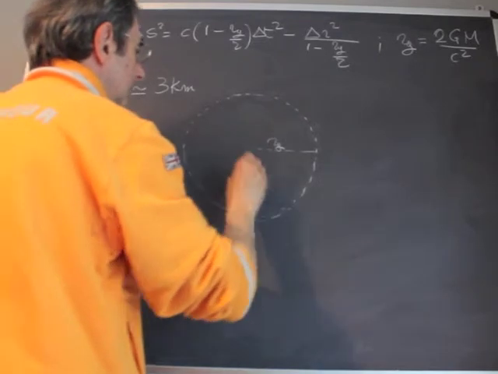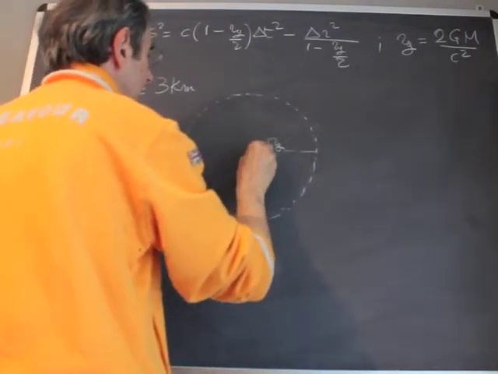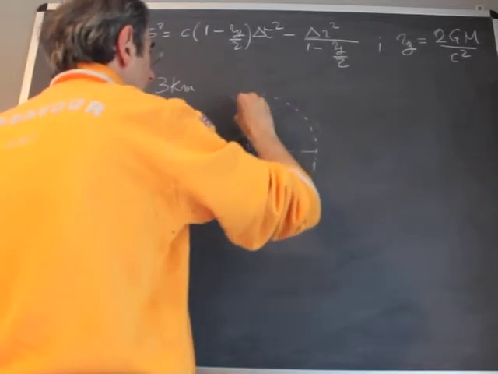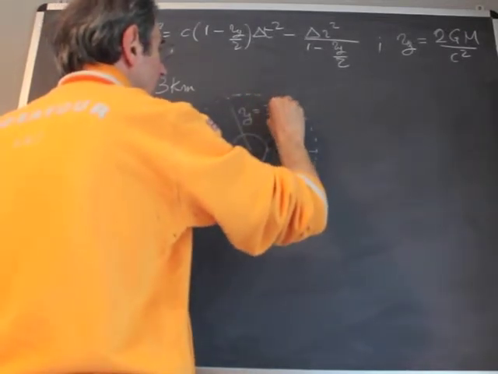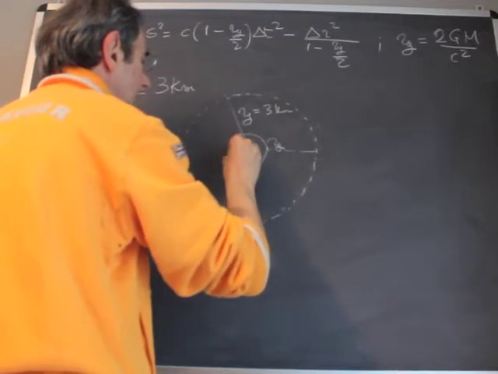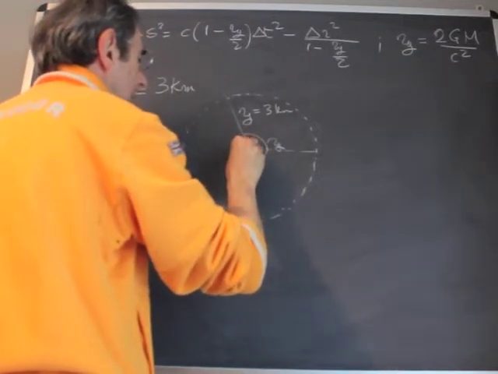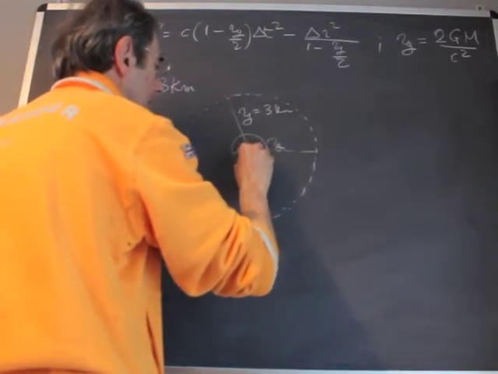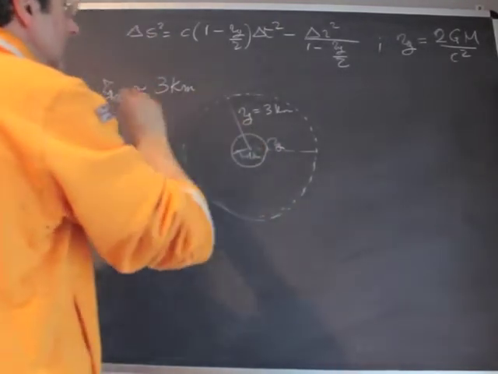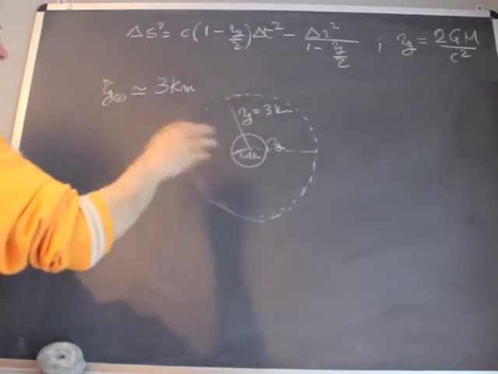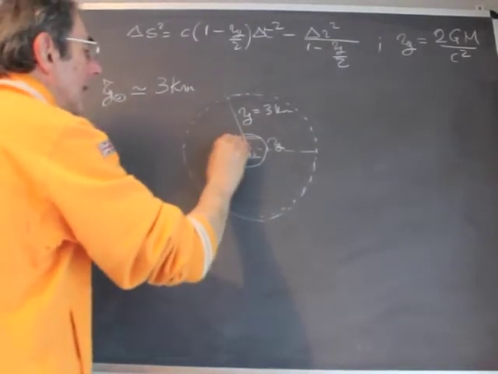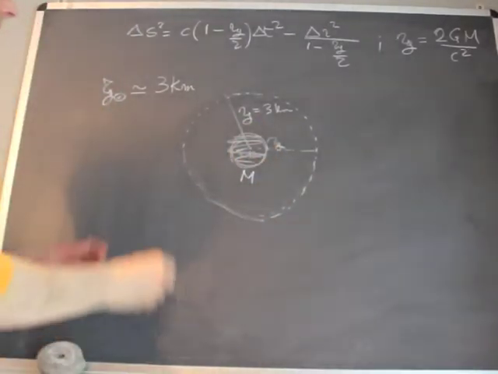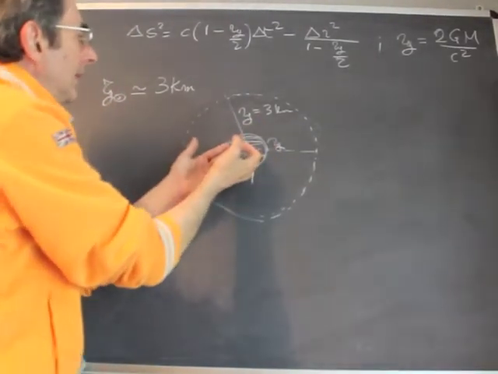And the mass of the Sun is contained in it. So Rg is equal to 3 kilometers, and suppose that the radius of the mass of the Sun in this case is 1 kilometer. So this is another situation. In this case, all the mass m is inside this sphere, and what happens?